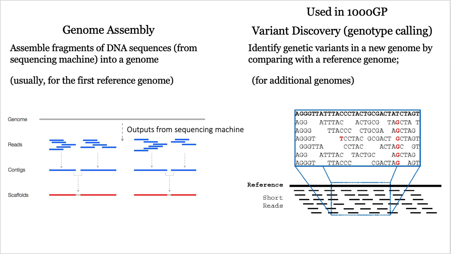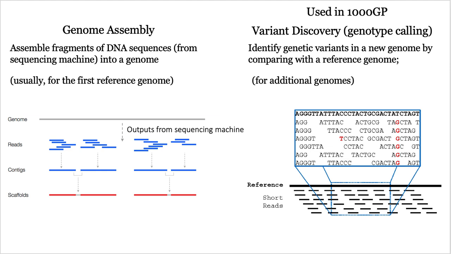And for a specific individual, remember that when we get DNA from any individual, they are diploid. So you actually have the information about both of the chromosomes, and so you are calling genotype.